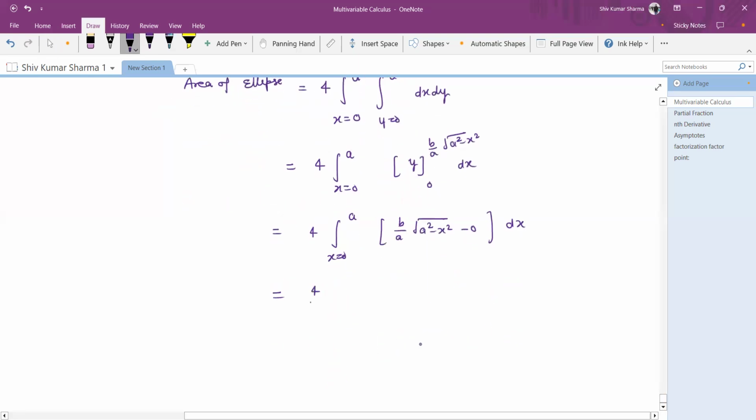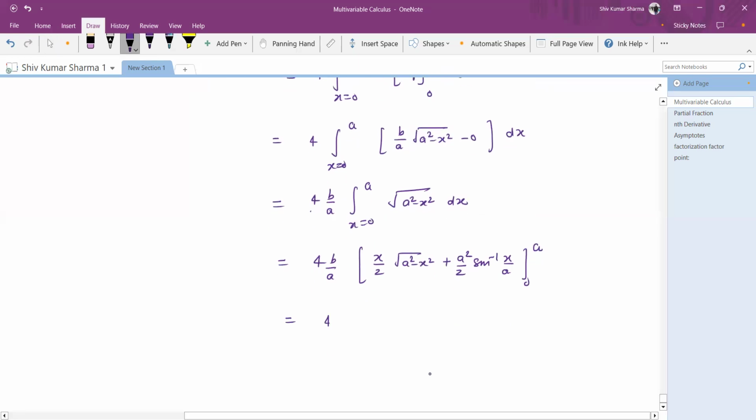b upon a we take outside from the integral. We are solving the integral for x. Now it is the same integration as the previous question, so we use the formula directly. For root a square minus x square, the formula is x upon 2 root a square minus x square plus a square upon 2 sine inverse x upon a, from 0 to a.